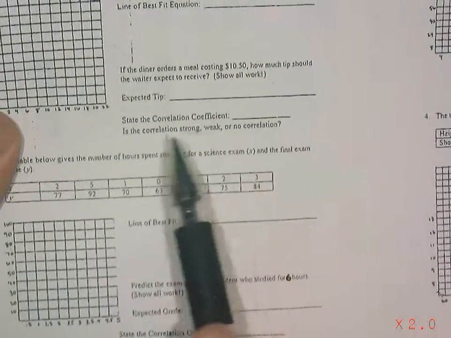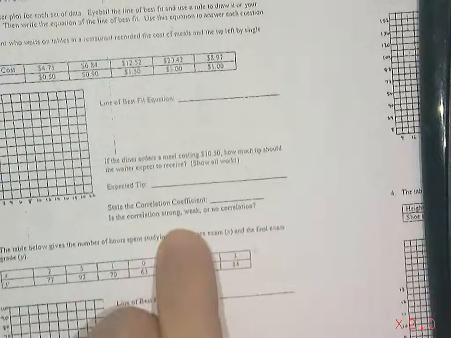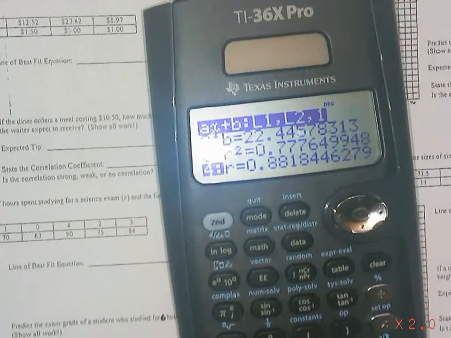And again, if we look at our assignment, it'll ask us what the correlation coefficient is. It's just asking for that R value. And then it asks if it's strong, weak, or no correlation. So weak would be like 0.5 to like 0.3, and anything close to 0 is no correlation. Okay?